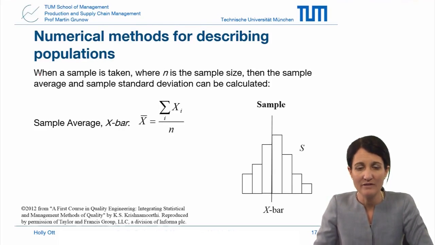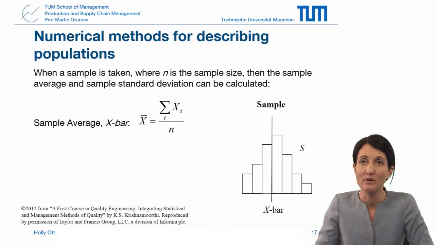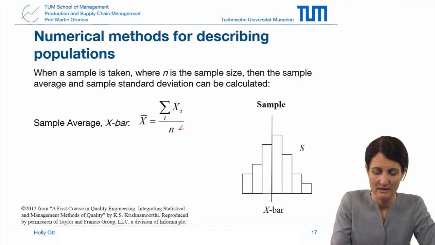The sample average is given by the symbol X bar, and this is the sum of all the I observations in the sample of I elements divided by N, where N here is the sample size.